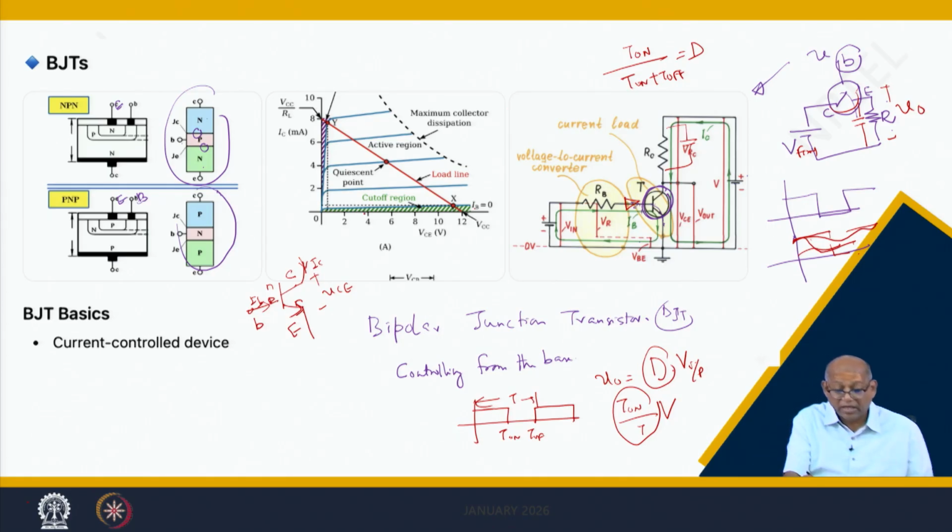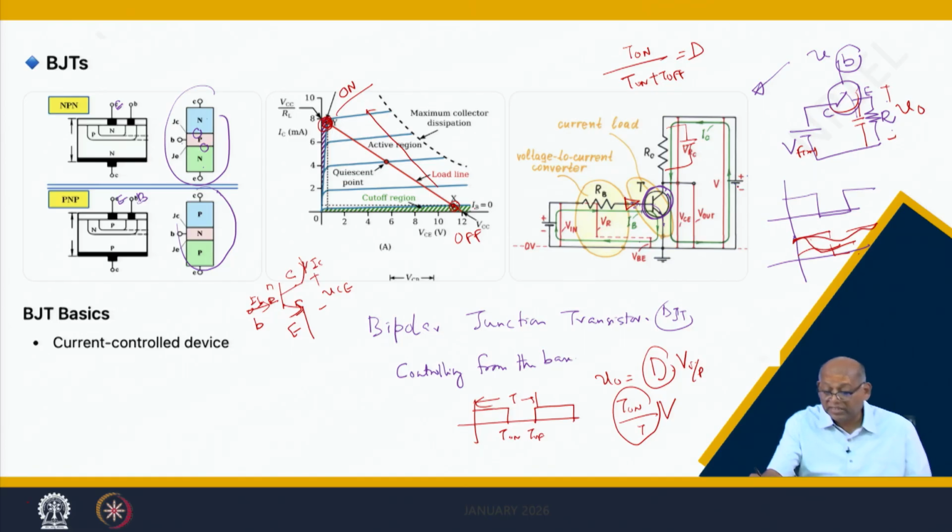I can work with different IB, this is IB changing, this is IB changing. If we keep on changing IB, it can operate here or here. Here it is completely on, IC is maximum current through this, and voltage is minimum, and this is called the on condition, and this is called the off condition. It is possible to move along this line by controlling IB.